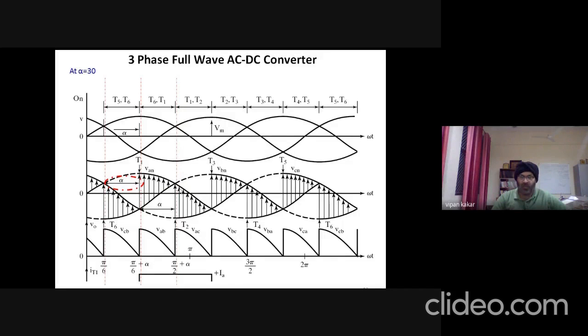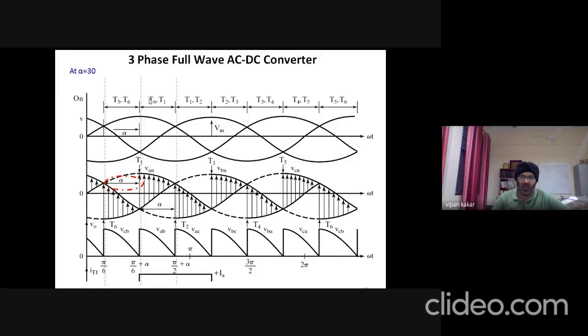Next, move forward. Previously we saw the waveforms at angle alpha equal to 0 for the 3-phase full wave rectifier. Now let's say we have a firing angle equal to 30 degrees. Considering T5 and T6 are already conducting from the previous cycle, now starting the new cycle, we trigger T1, which is now pairing with T6, as in the previous case with alpha equal to 0.